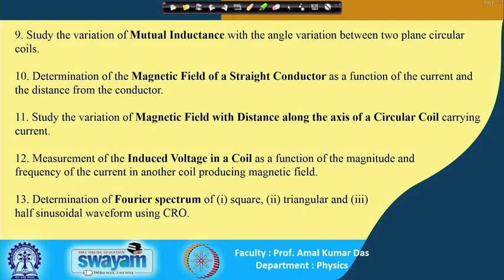And then the next experiment is a measurement of the induced voltage in a coil as a function of the magnitude and frequency of the current in another coil producing magnetic field. So, you know Lenz's law and Faraday's induction law, right.